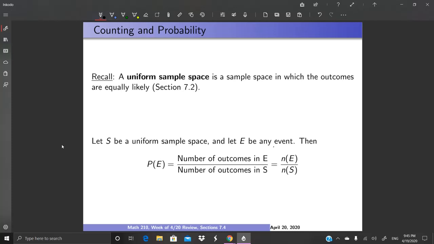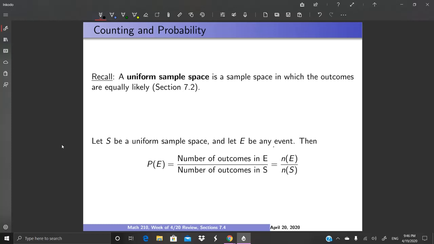Given such a space S, the probability of an event E is equal to the number of outcomes in E divided by the number of outcomes in S. Remembering that S is like the universal set here, and E is a subset of S, this is kind of just like the problems that involved counting in chapter 6, except we're dividing the number of ways to count certain things.